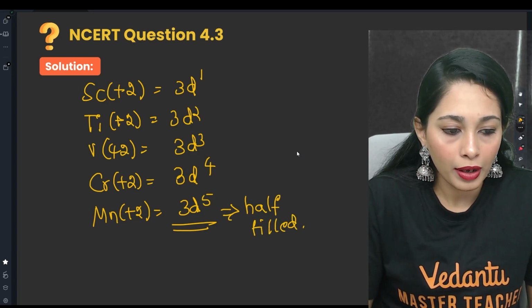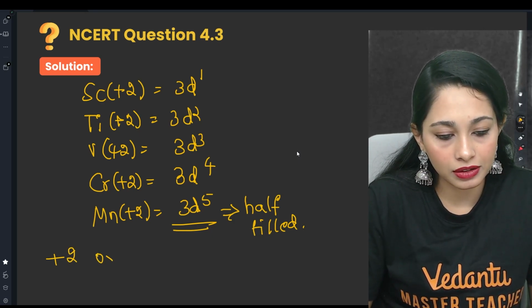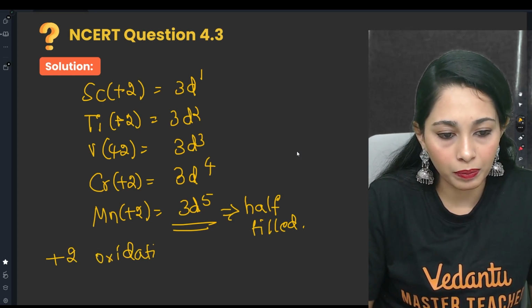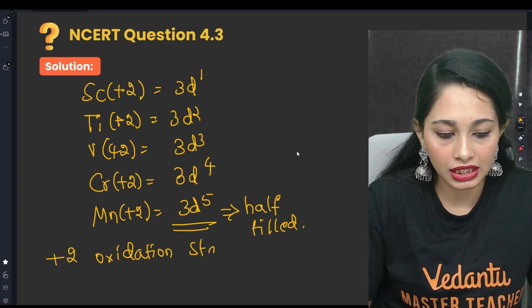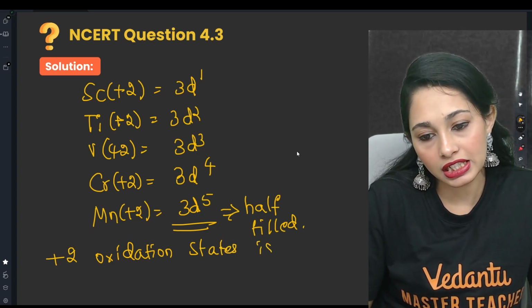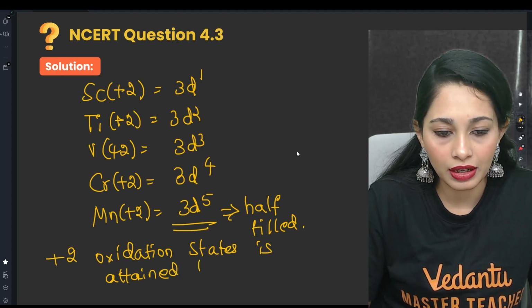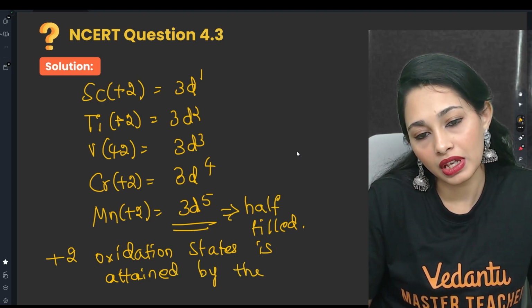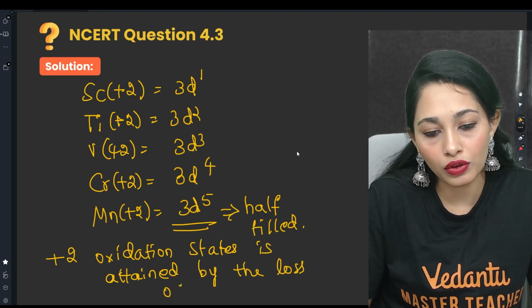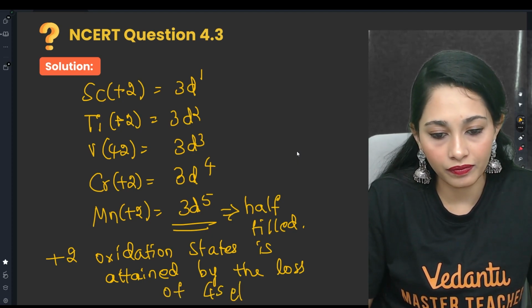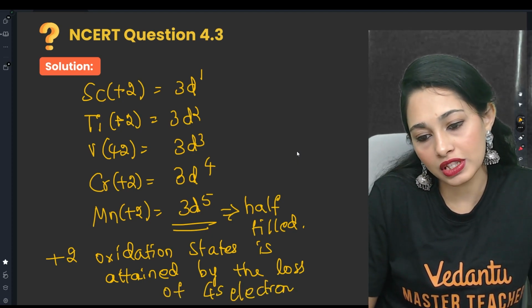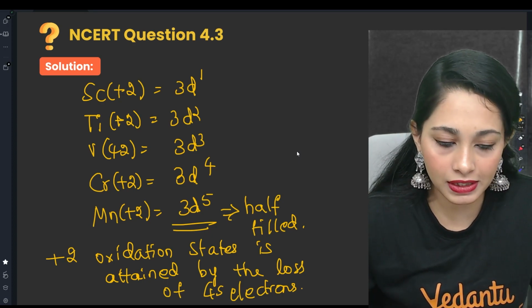Alright. So plus 2 oxidation state is attained by the loss of 4s electrons by all of these metals.